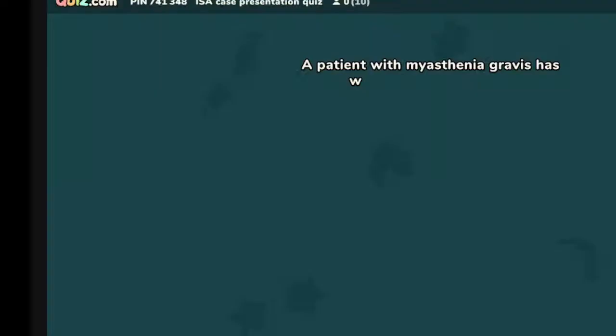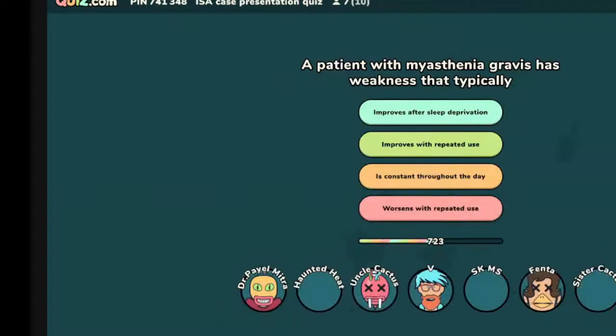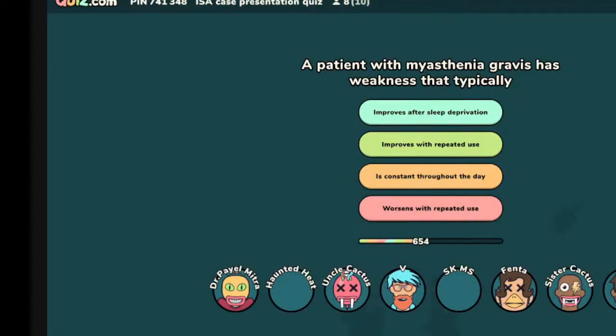Patient with myasthenia gravis has weakness that improves after vibration, improves with repeated use, is constant throughout the day, or worsens with repeated use. Worsens with repeated use is the characteristic of myasthenia gravis, that is fatigability with muscle use, isn't it?